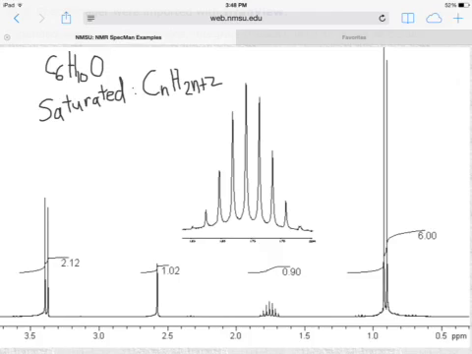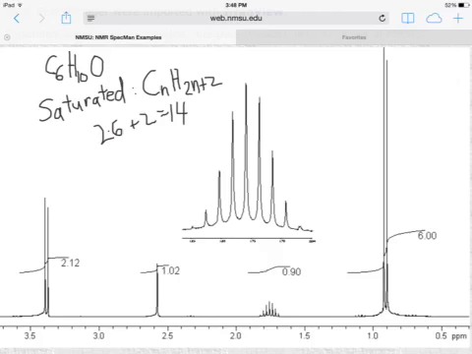So in this case, N is 6. 2 times 6 plus 2 is 14. So if this molecule were saturated, we would expect there to be 14 hydrogens, but there's only 10. For every 2 hydrogens that we're missing, there's 1 degree of unsaturation.